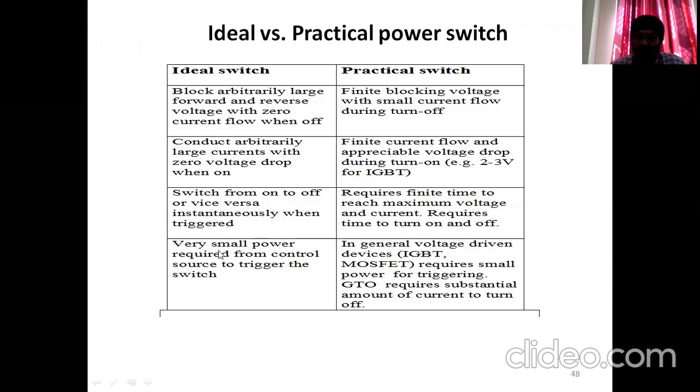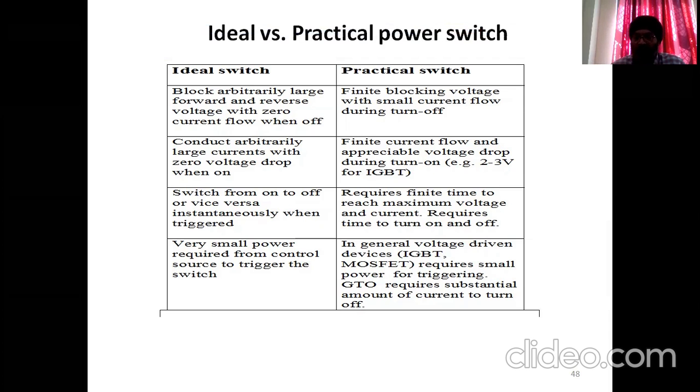Very small power required from the control source to trigger the switch. In general, yes, we can do that. We can trigger MOSFETs and IGBTs with a very small value of power.